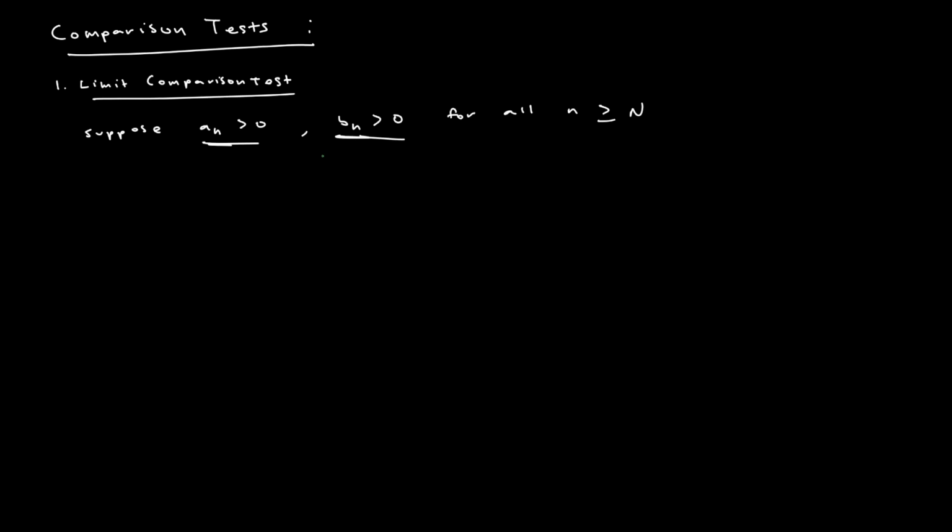So what the limit comparison test tells us is that if the limit as n tends towards infinity of a_n divided by b_n is equal to some value c, where c is between 0 and infinity, and this should remind you of the limit comparison test that we used for determining whether an integral converges or not. So these tests are very similar to ones we've seen before, so hopefully it's not too confusing.